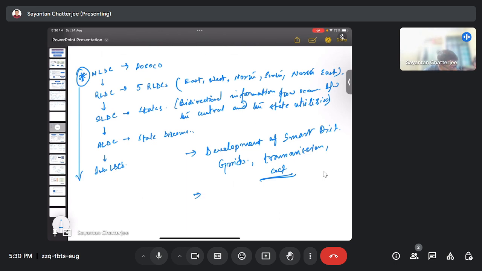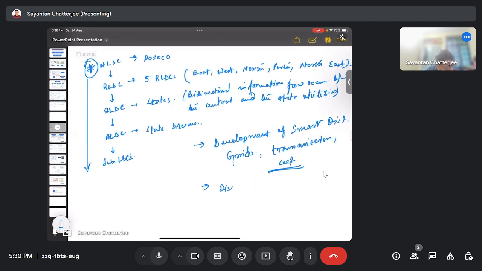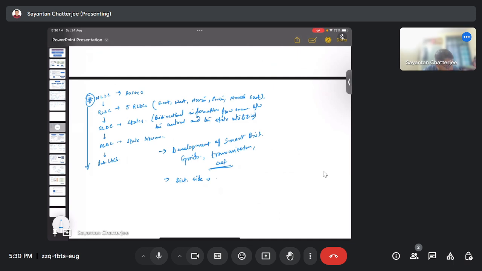Here what we can say is that with the distribution side, they are trying to develop power near the load centers.